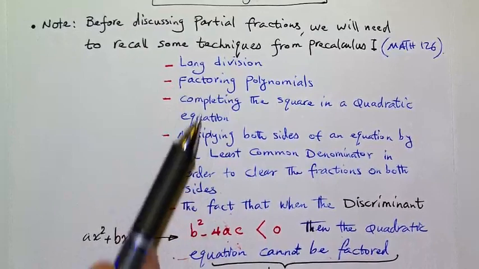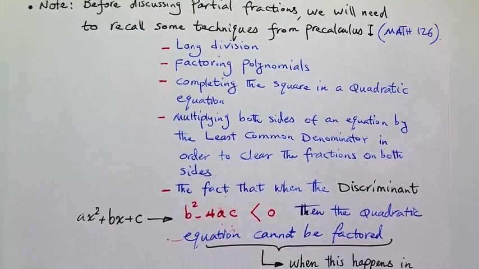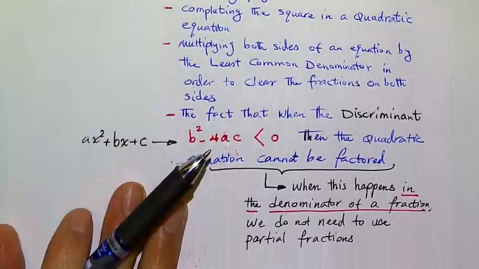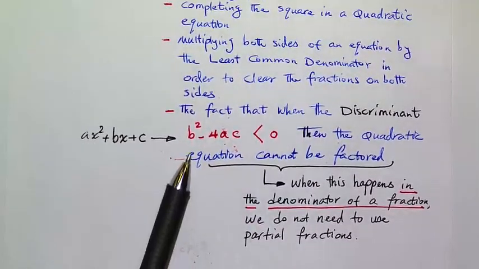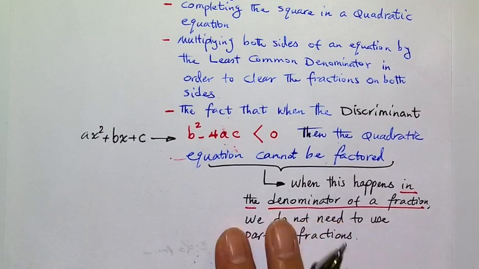And some of these things can be used in conjunction with partial fractions. But specifically, if the discriminant is negative for a quadratic expression in the denominator of a fraction, then we don't need to use partial fractions.